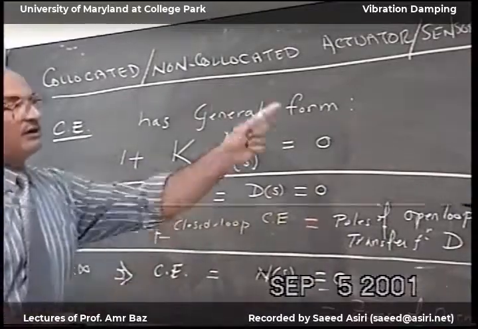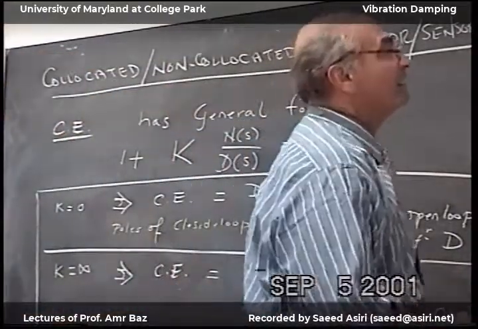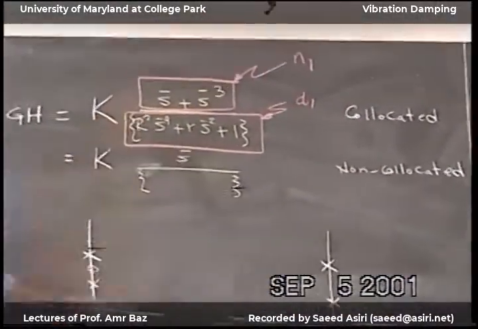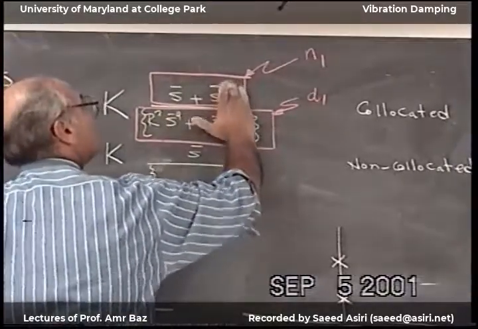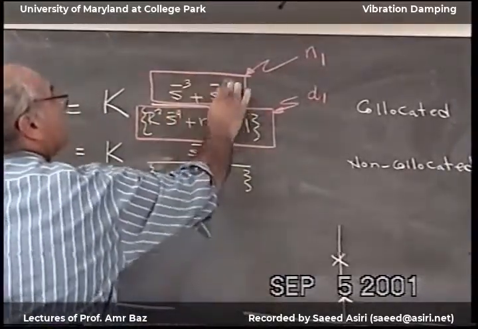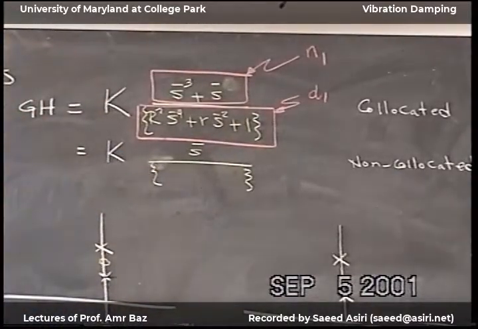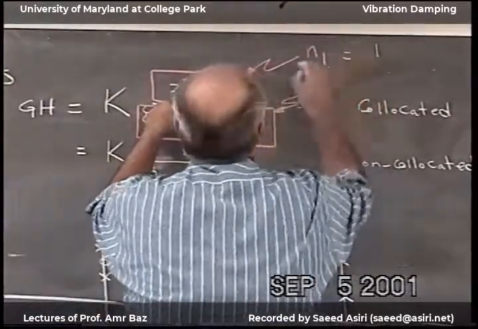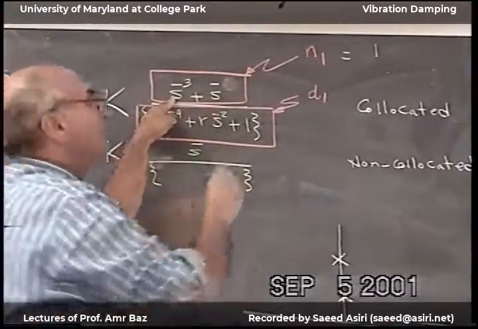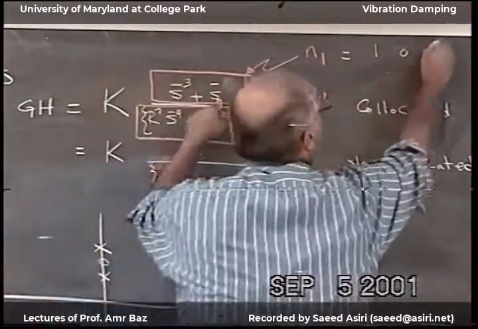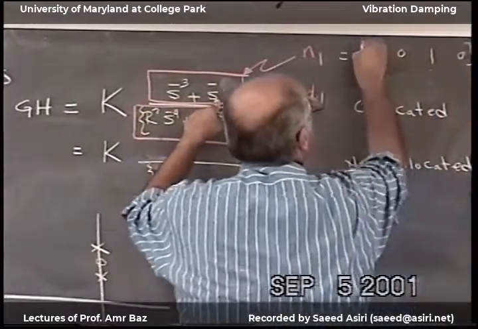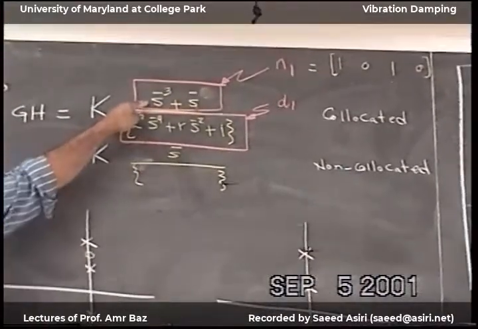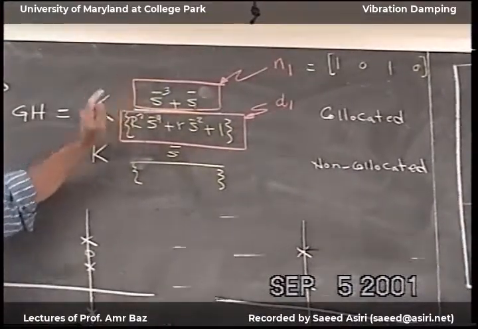Same story here. Now let's look at the top line. MATLAB looks at this as a polynomial and I will give it its coefficients. Let me just write it in MATLAB form. This should be s cubed here and s here, in descending order. So the coefficient of the highest order is 1, the second highest is 0, and then 1, and then 0. So this is the description of the numerator of the open loop transfer function.